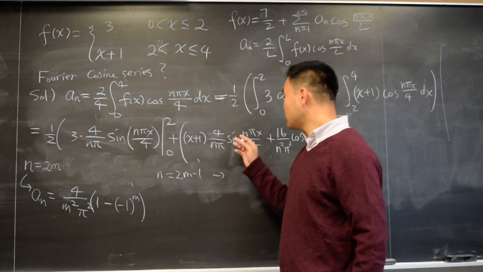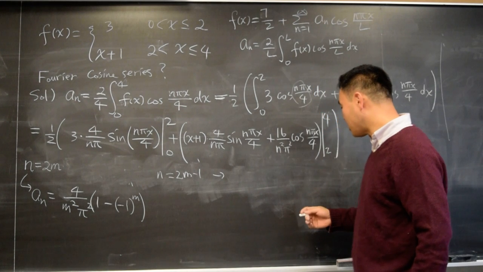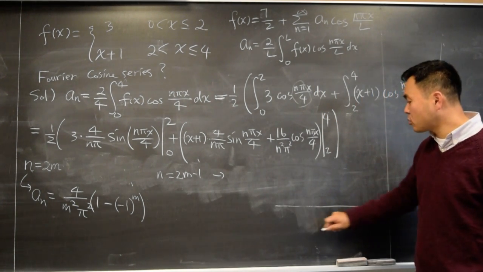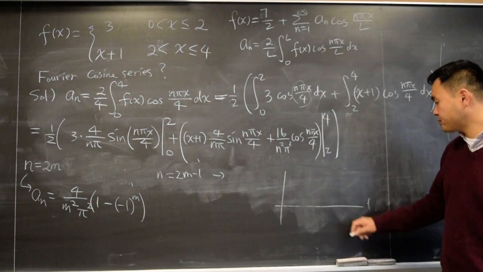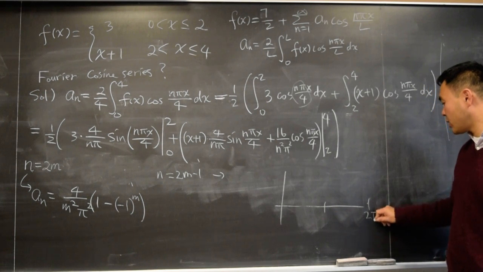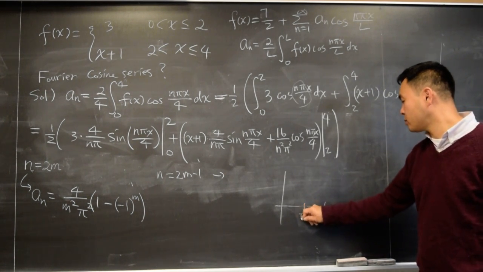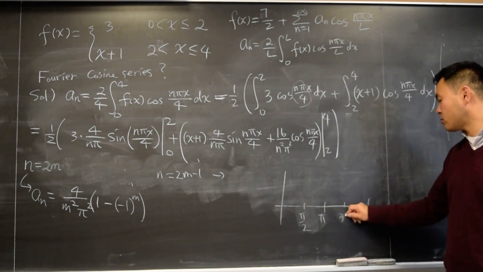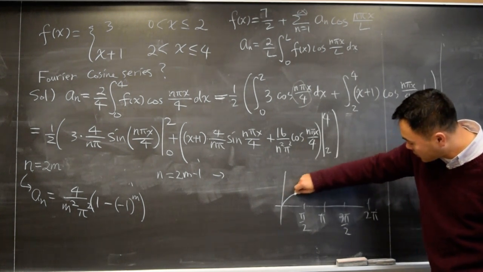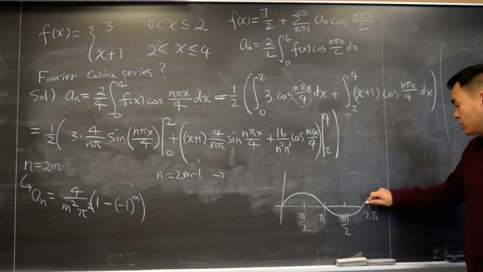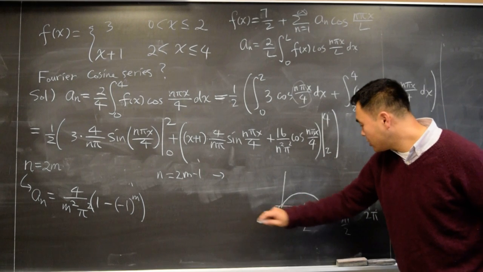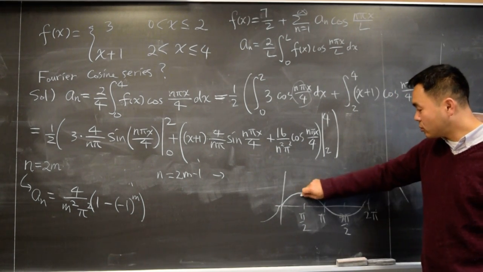But sines will survive, because if you look at the graph of the sine, here's 2 pi, pi over 2, 3 pi over 2. The sine graph goes like this, right? And it repeats over and over again, right? So what is sine of pi over 2? 1.